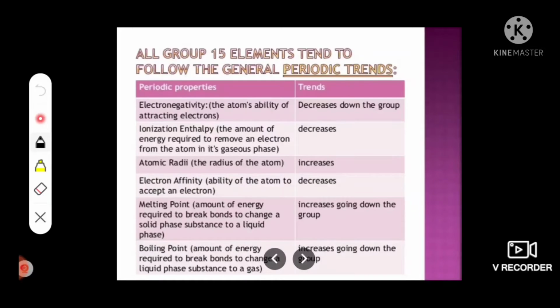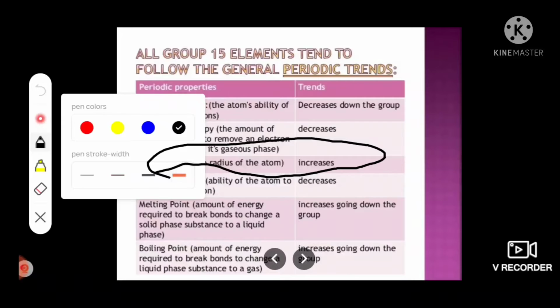Down the group, atomic radii increase. Atomic radii are basically covalent radii, since almost all these elements are involved in the formation of covalent bonds. Down the group, atomic and ionic radii increase with increasing atomic number.